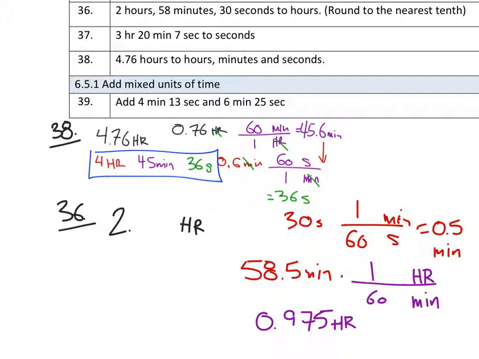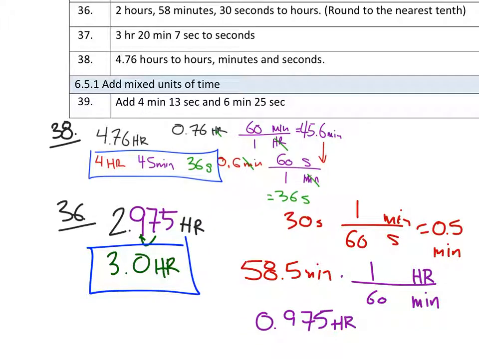This said round to the nearest tenth. So this is what it was, right? 2.975 hours. But since it says to round to the nearest tenth, we're going to round this 9 up. So we'll add 1 to the 2 and we get 3.0 hours. That's a little tricky of them, but it still works.